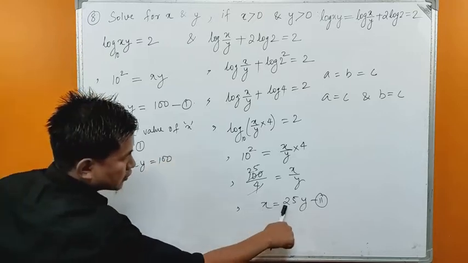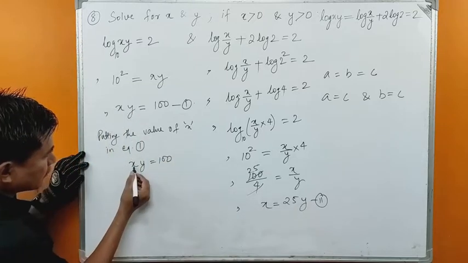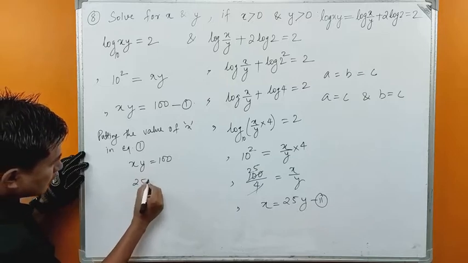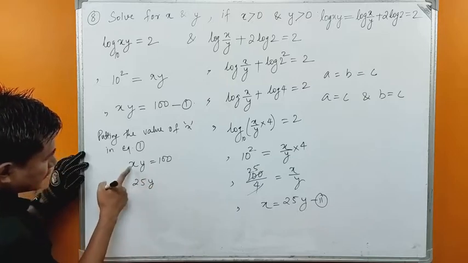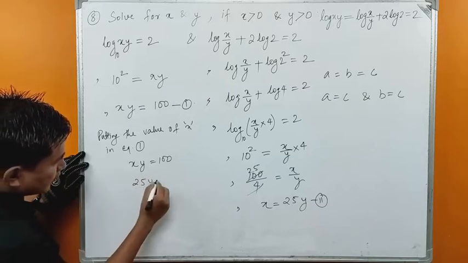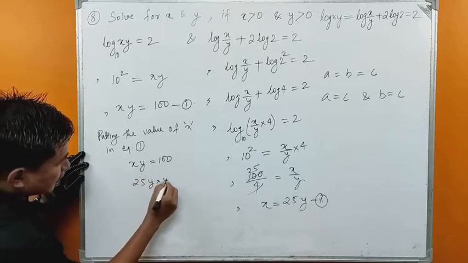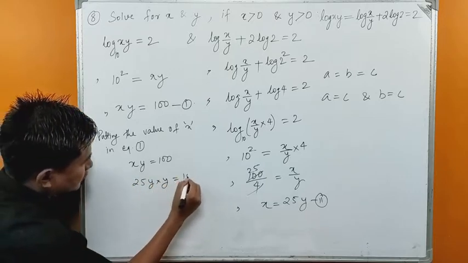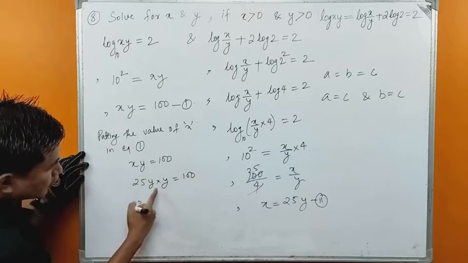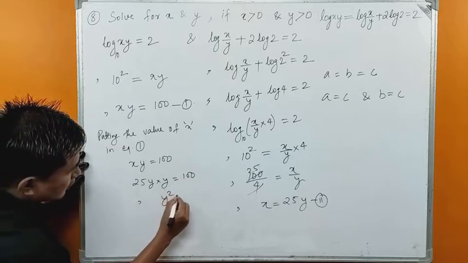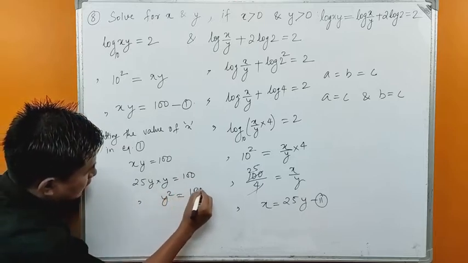The value of x is 25y, so instead of x I write 25y. 25y into y, which is already there, equals 100. So y into y is y squared equals 100 on the right hand side.